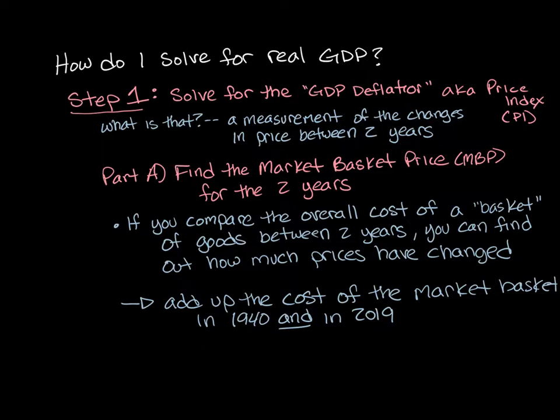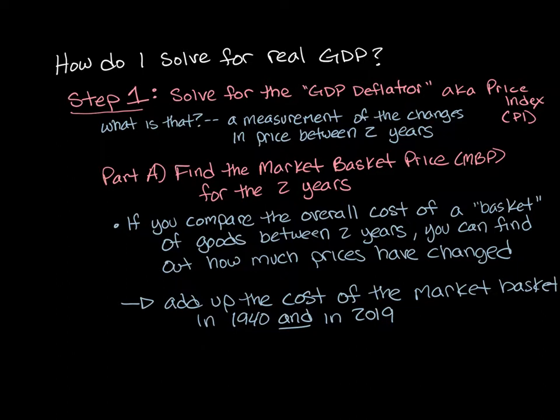The first step to doing that is to solve for this thing called market basket price, or MBP. The way economists go about solving for price index is we take a giant imaginary shopping cart, and inside it we put a basket of goods and services.